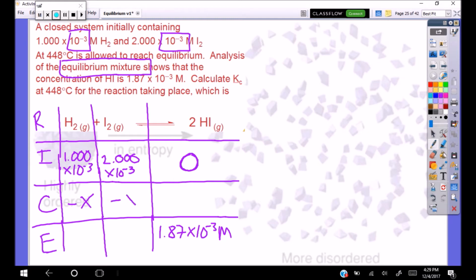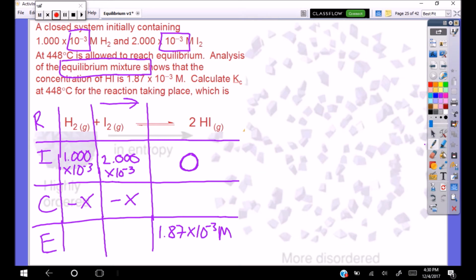So we can also say some amount minus X. We're saying minus X because we know the equilibrium is shifting this way in this scenario. If the equilibrium was shifting the opposite way, then it would be a plus X. But we're not gonna confuse ourselves yet. We're just gonna make sure we can get down our regular RICE table.